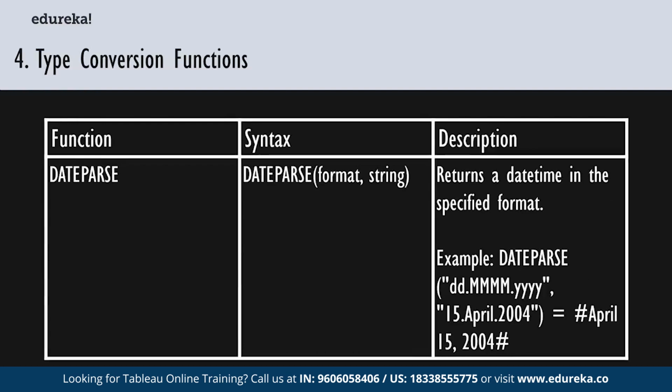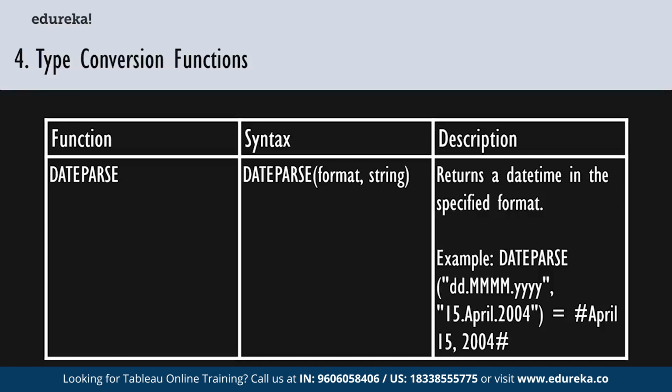Now what this does is it converts a string to a date time in the specified format. Letters that appear in the data and do not need to be parsed should be surrounded by single quotes. And for formats that do not have delimiters in between them, such as hyphens, slashes and dots, verify that they are parsed as expected. So the format must be a constant string, not a field value.